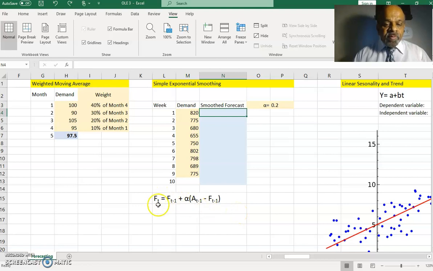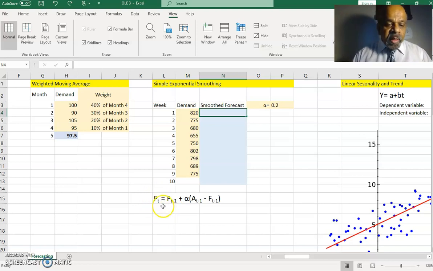The equation is f of t. For a month, let's say month 2, or sorry, for week 2, you take f of t minus 1, which is the forecast of the prior period. In this case, these are weeks, it's not months. So let's go back again.